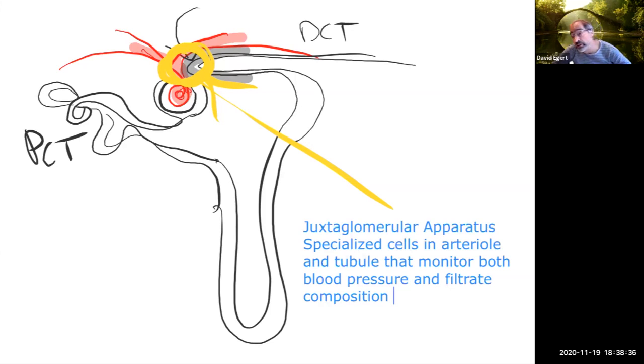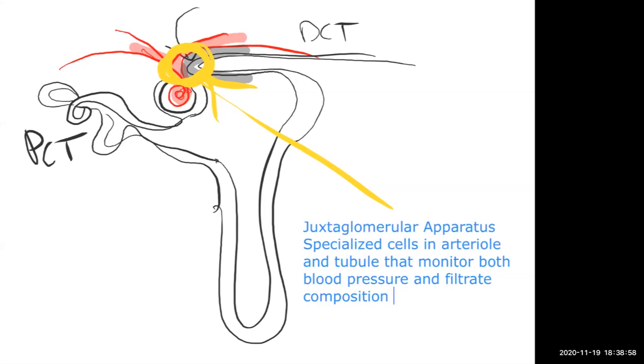If the blood pressure is dropping, or if the filtrate composition looks off, again, we're not going to go into the detail. There's a variety of things this can do, but what's one of the main things that is going to be released here if your blood pressure is dropping to keep the glomerular filtration rate up? Renin. Exactly.